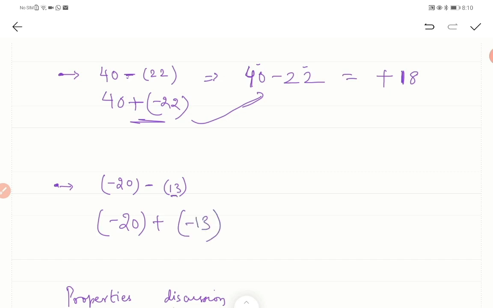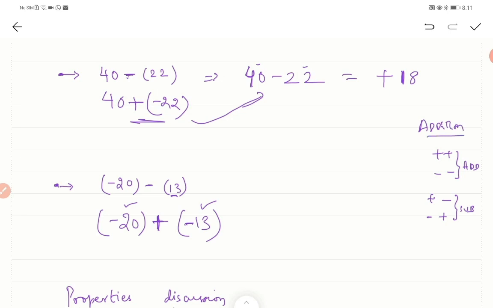Plus 13 will become minus 13. So you have two integers which are negative. Add them. Whenever you have positive positive or negative negative numbers, you add. If one is positive and the other is negative, or vice versa, for this you will subtract. This is the rule for addition, isn't it?